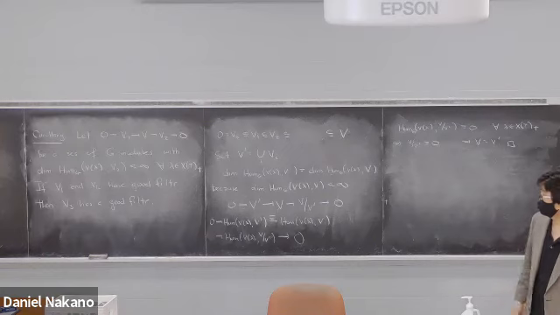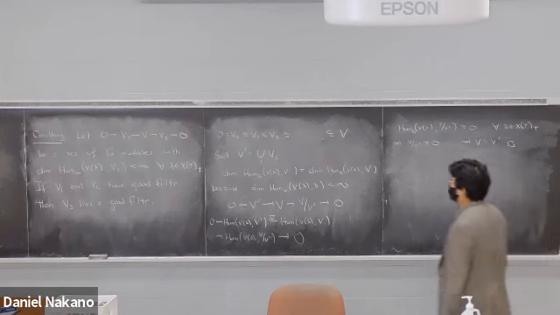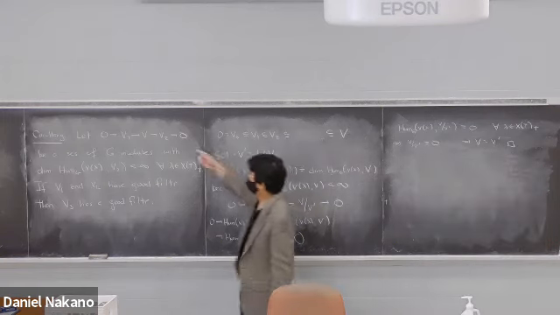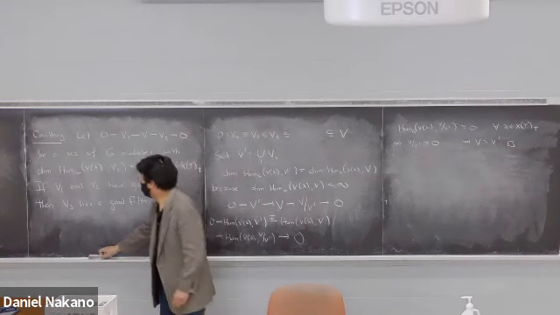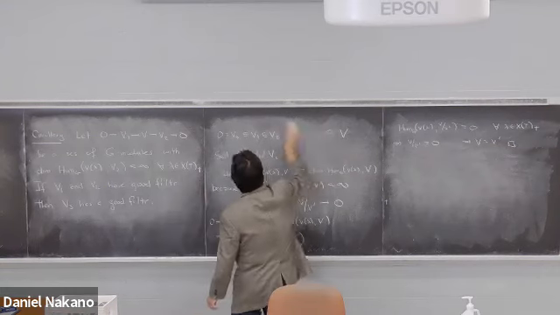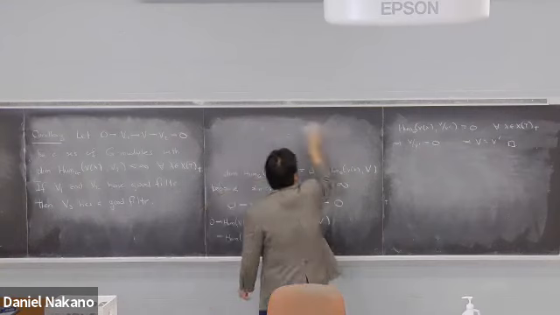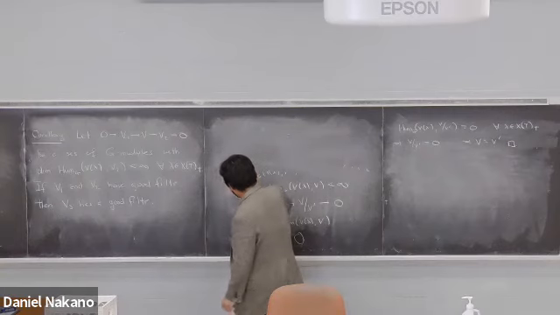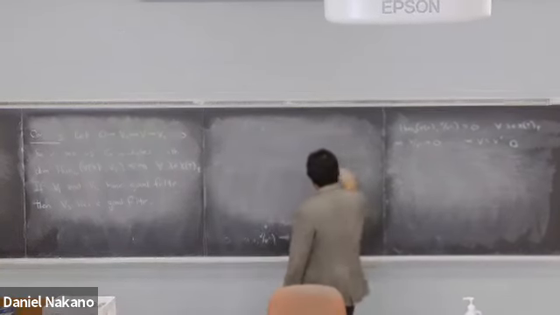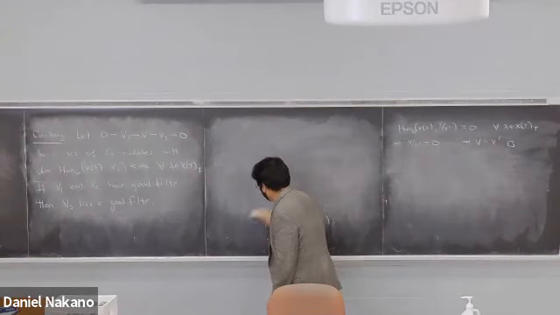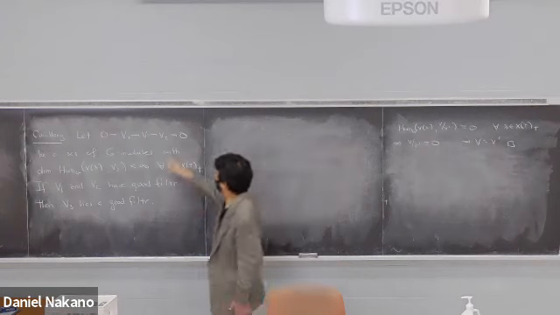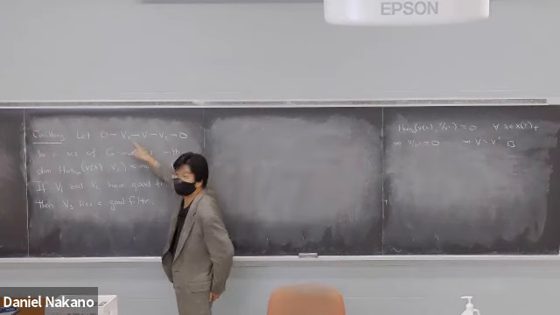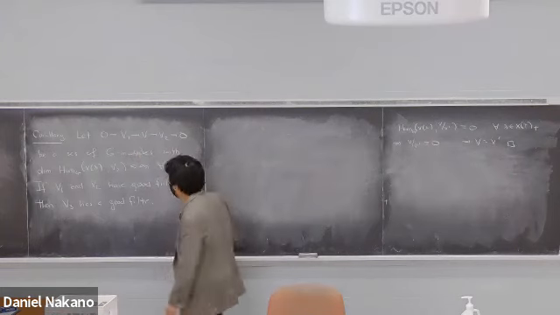I don't think it's so easy. But with the Ext criterion, you could actually prove this. Let me show you using the Ext criterion. It's not so easy constructing a good filtration for V, given that these two have good filtrations.